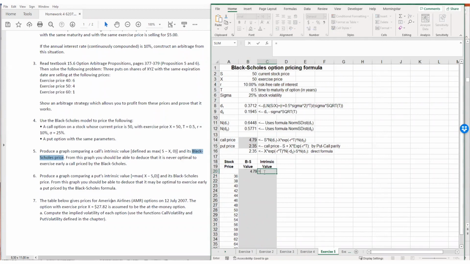And for the intrinsic value, I'm going to use equals to max, stock price, exercise price, and fix it, F4.